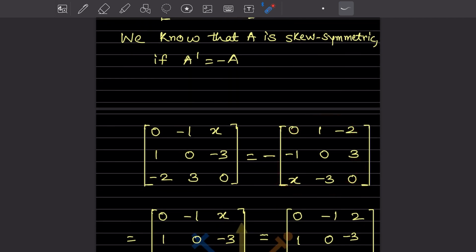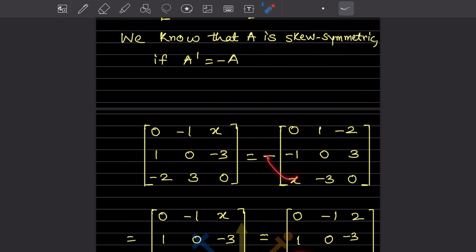So now what are you going to do here? First thing, write this as it is. Now this minus let us take inside. So minus 0 is going to be 0. Minus 1 here. Minus minus becomes plus 2. Minus minus becomes plus 1. Minus 0 here means here. Minus 3.